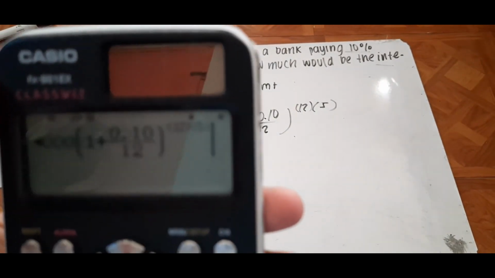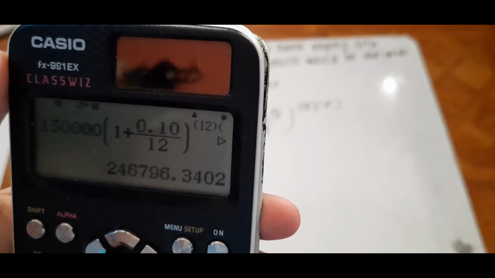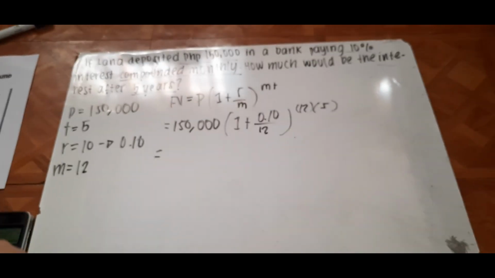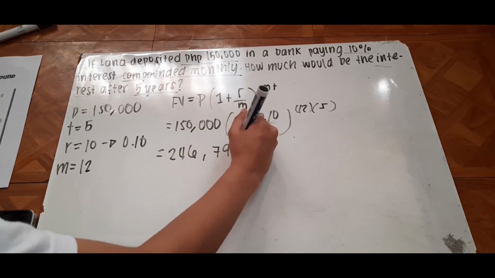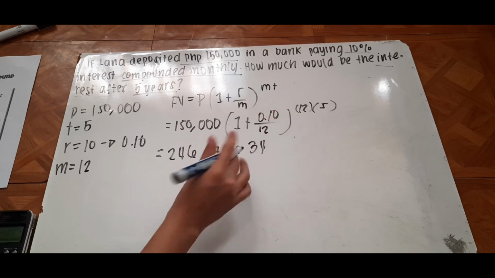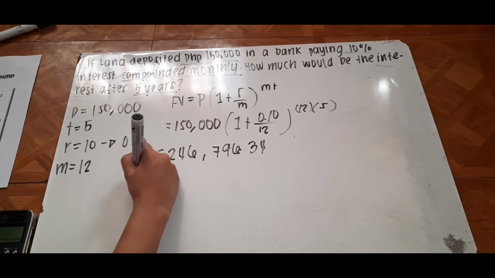So here's the answer for future value. It's 246,796.34. So let's write that down. But this is not the final answer since this is only the future value and we're looking for the interest.